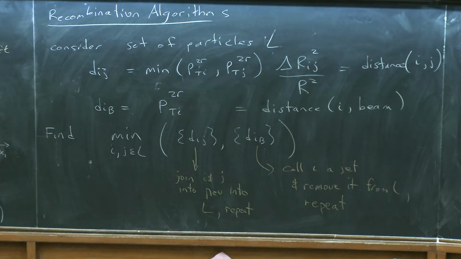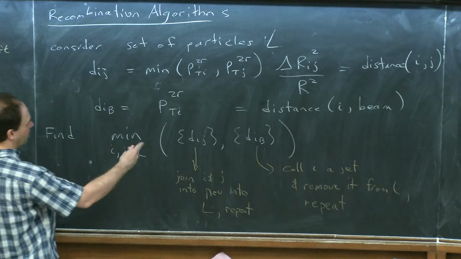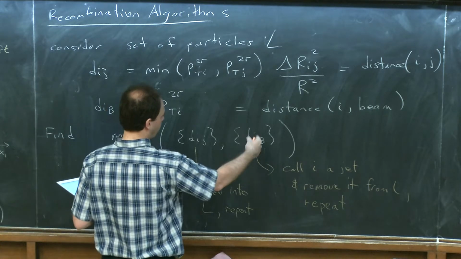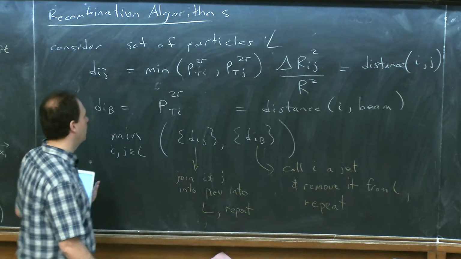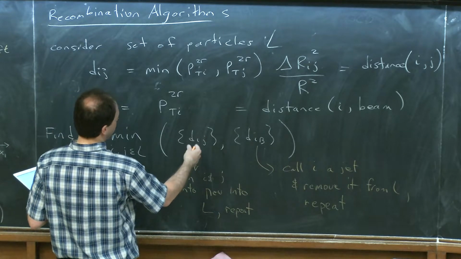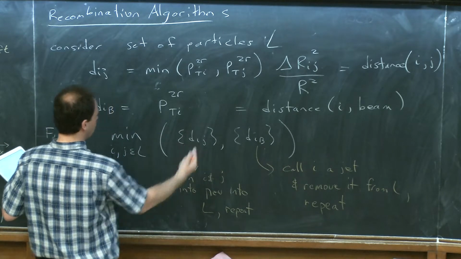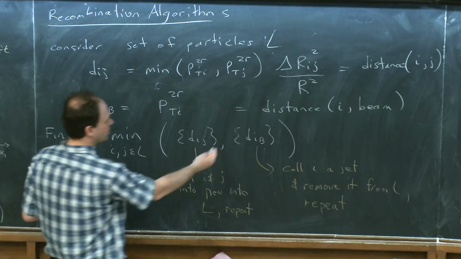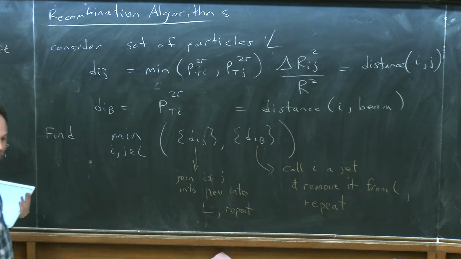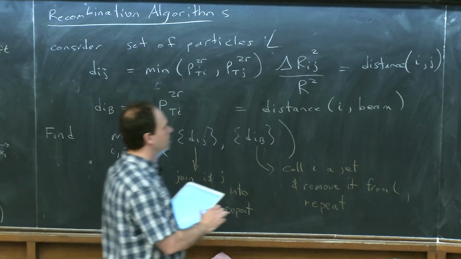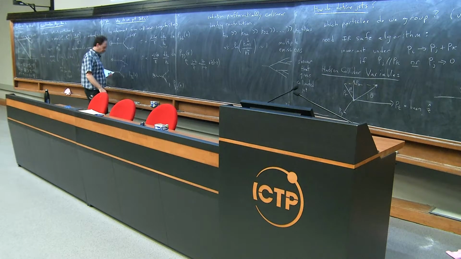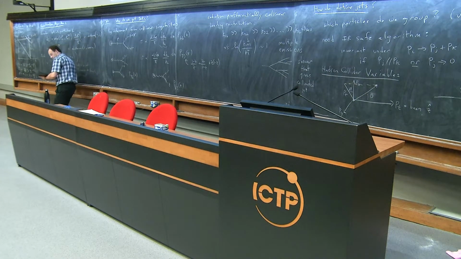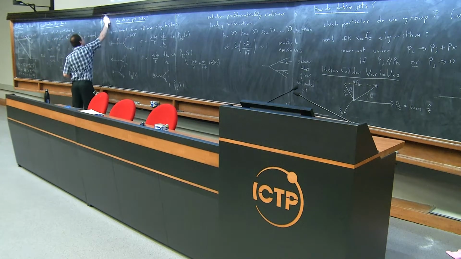I keep changing L. I keep removing particles, either by calling them a jet, or some get grouped together and then get lumped out as a jet, or I just keep grouping them together into pseudo-jets that are eventually going to get thrown out into jets. And I stop this procedure when there's nothing left. I just run it until L is empty. And that's the recombination algorithm.